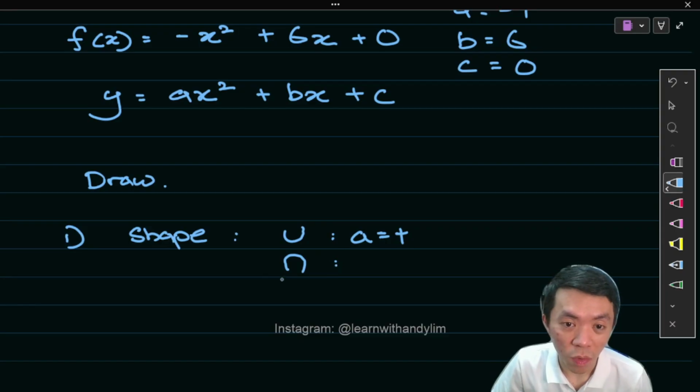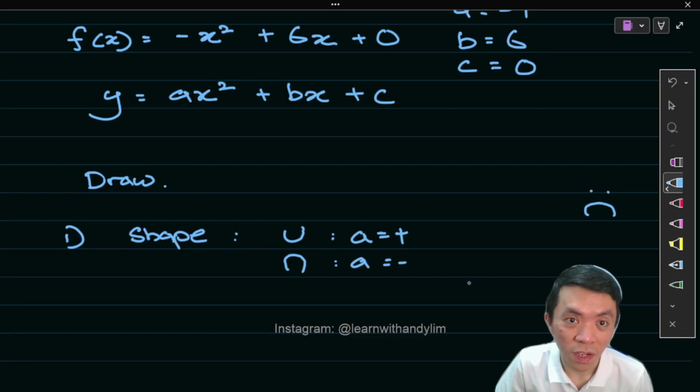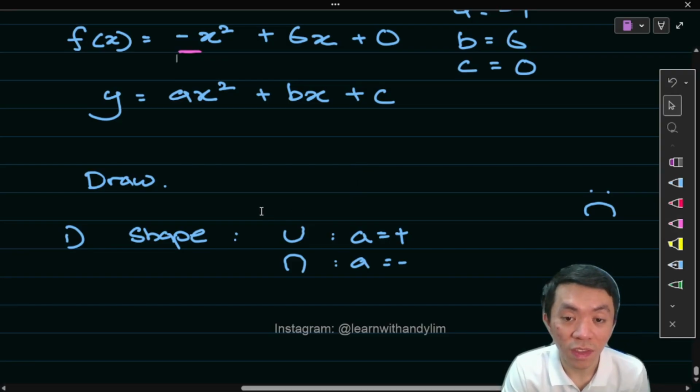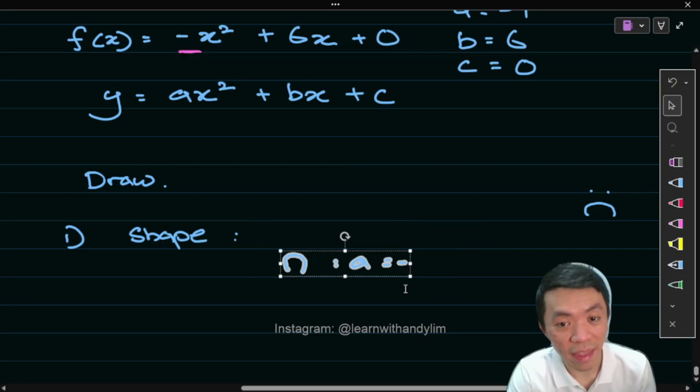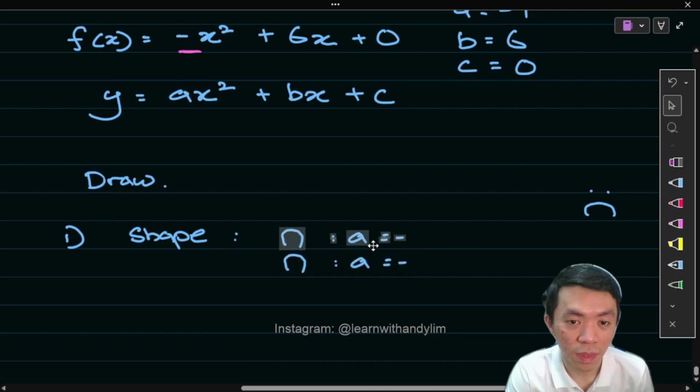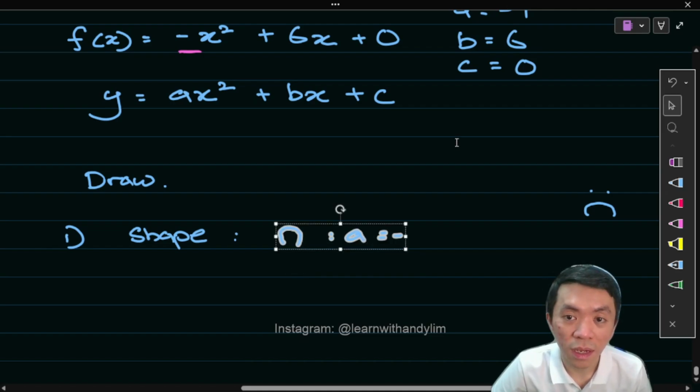However, when you have a sad face, a sad emoji, my a is negative. So in our case, my a is negative one. Therefore, I can conclude the shape of this quadratic function is a sad face. It is concave down. Let me just put it here.